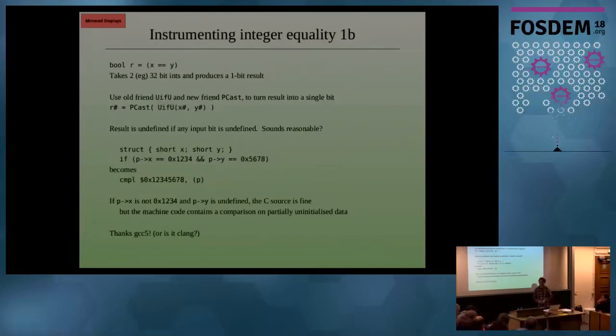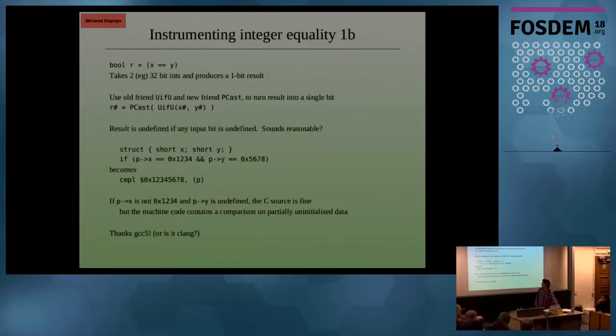So what Clang will do nowadays, imagine that we have this structure which contains two 16-bit ints, and we want to compare both of them and then do something. What Clang will do, and probably what GCC will do now as well, is just generate a 32-bit load for both fields of the structure, and then compare it as a single thing.